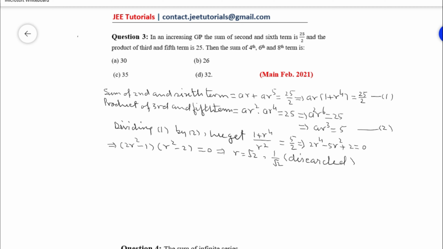Now we have to find the sum of fourth, sixth and eighth term.